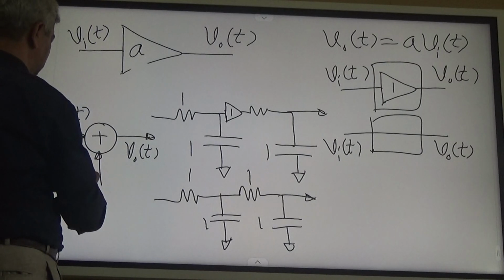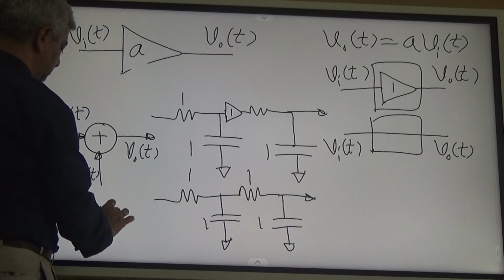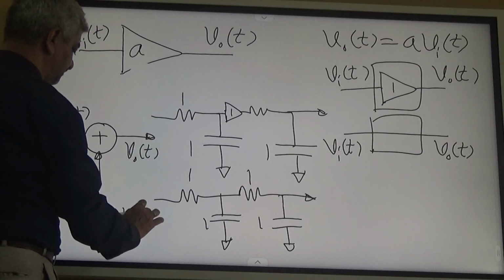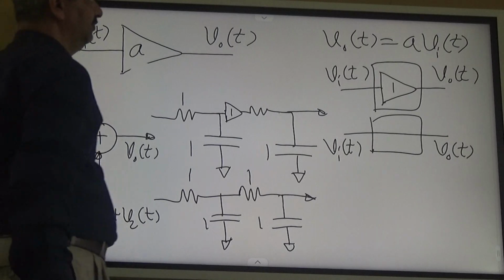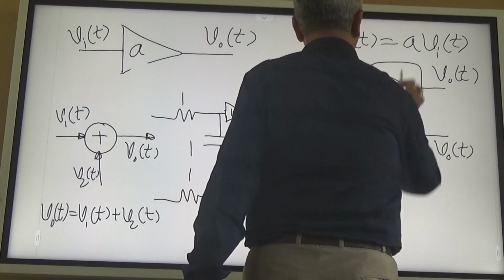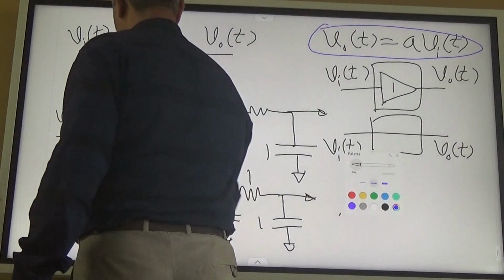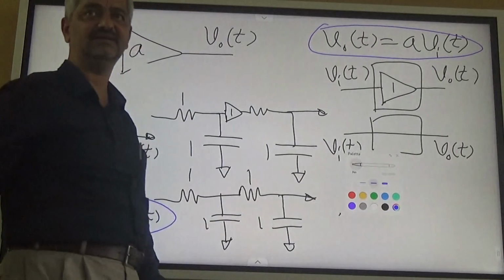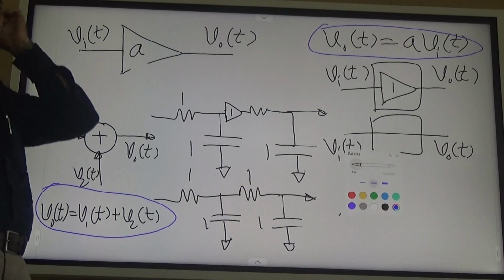V1(t) plus V2(t). So this is a scalar, this is an adder.